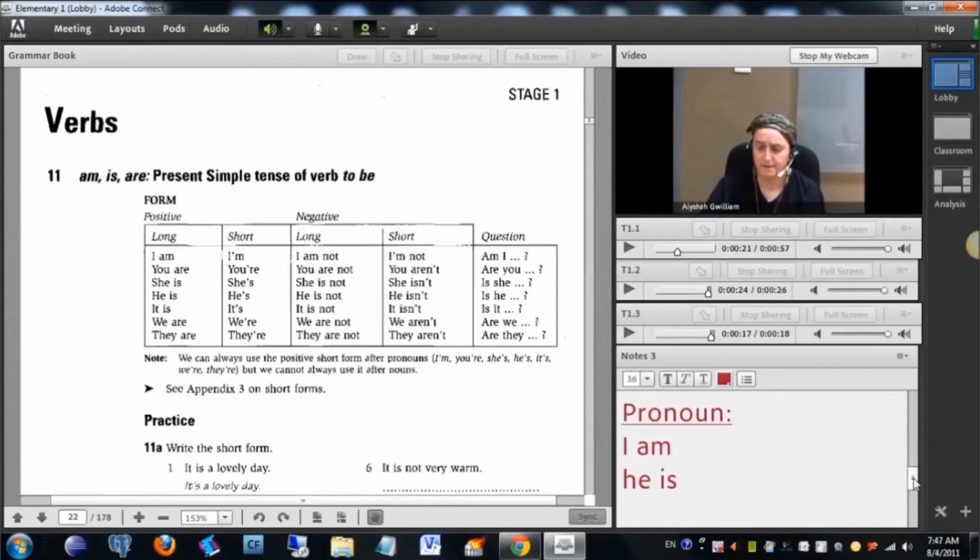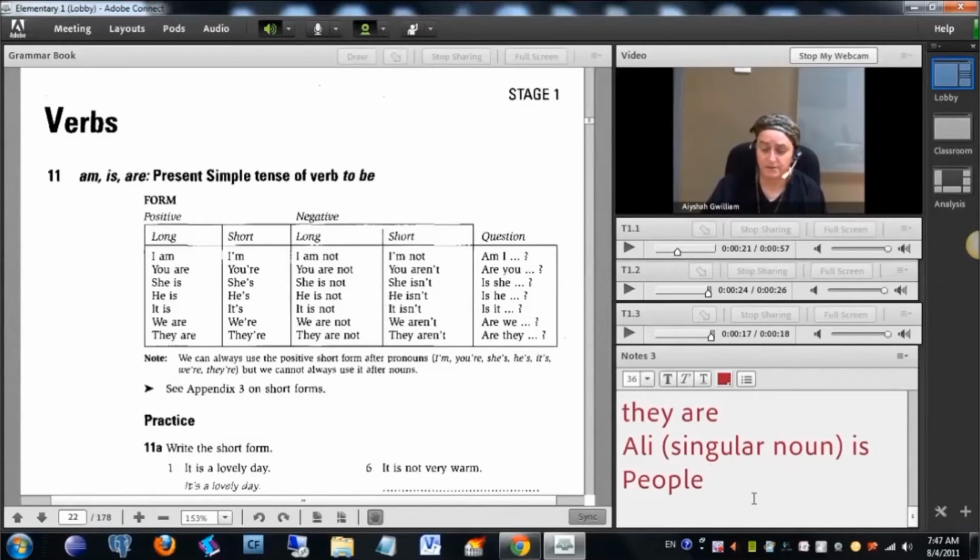Okay? Now sometimes we can also use a verb to be with another kind of noun, like Ali. Yes, we can use it with that. And if we use that, it's called a singular noun. Okay? If it's with a singular noun, we use is. Ali is. Okay, if it comes with something like people, now people is a noun, but people is not a singular noun.